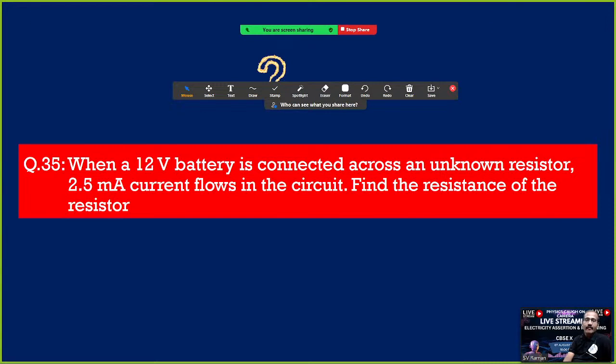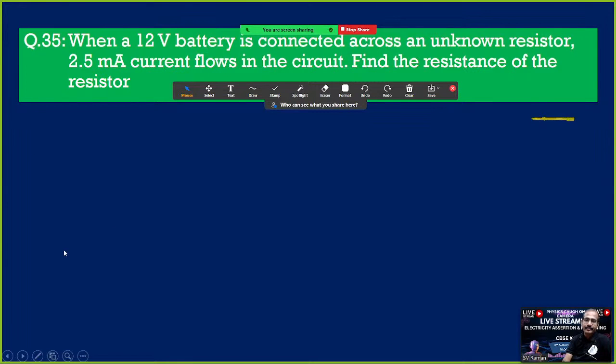Given data, V is equal to 12 volts, current I is equal to 2.5 milliamperes. 2.5 milliamperes we can write as 2.5 into 10 power of minus 3 amperes.